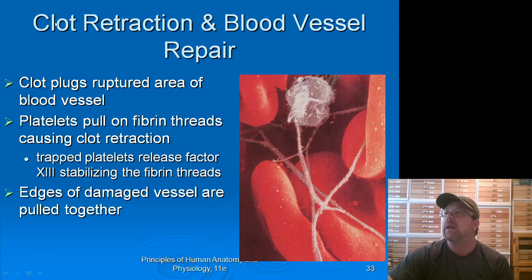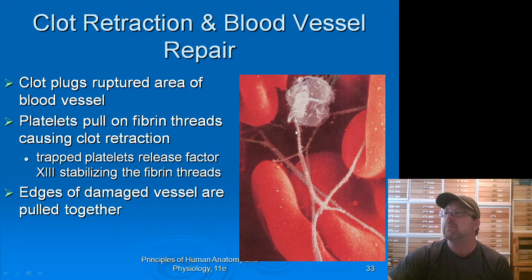So it says platelets pull on the fibrin threads. So what's really cool is these little platelets can pull and tug on these ropes of fibrin and suture up, retract that blood vessel, and pull that clot together. So the edges of the damaged blood vessels can be pulled together to help promote healing.